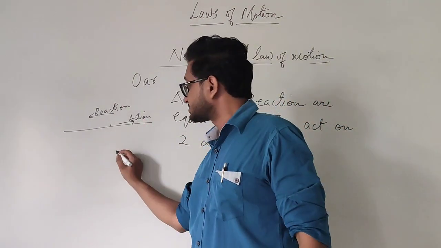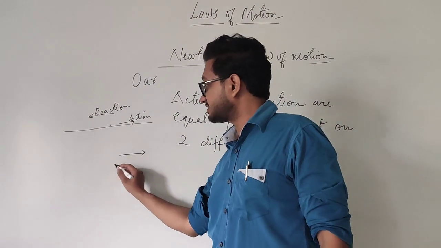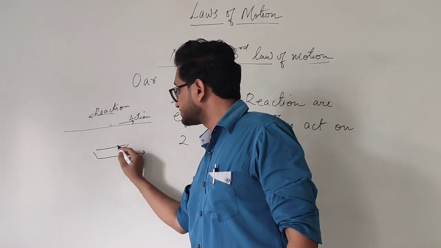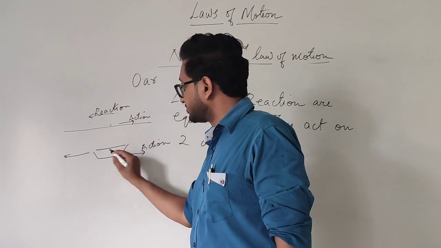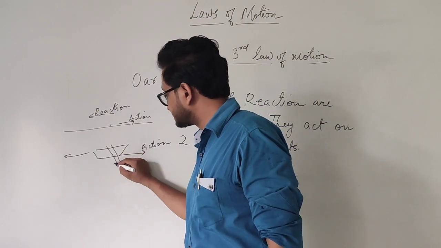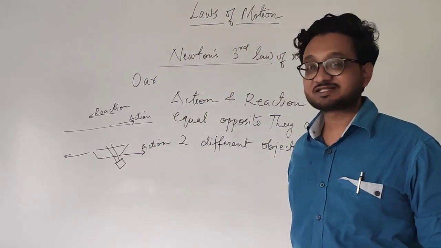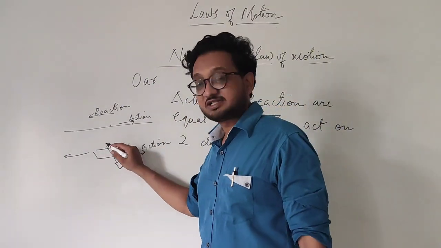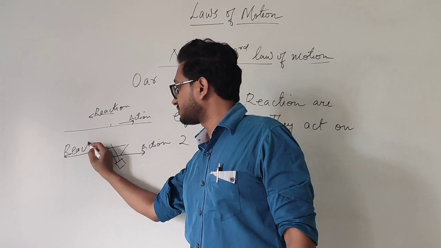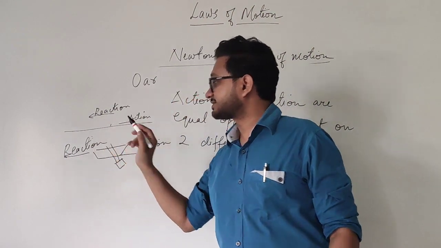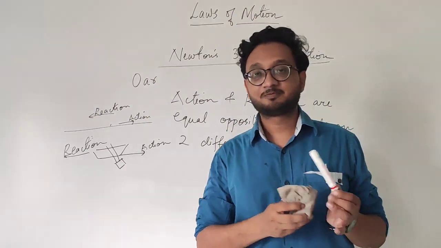So the force is applied in this direction, and the boat moves in this direction. This is action, and the boat moving forward is the reaction. I hope it is clear to you.